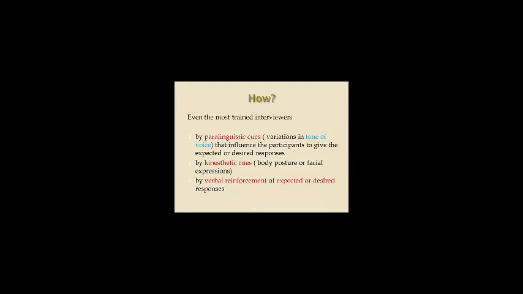And the most obvious one is verbal reinforcement, where you actually tell the subjects if they are on the right track or they have to change their responses. Or you very clearly tell them what the expected or desired responses are, and they do it accordingly.